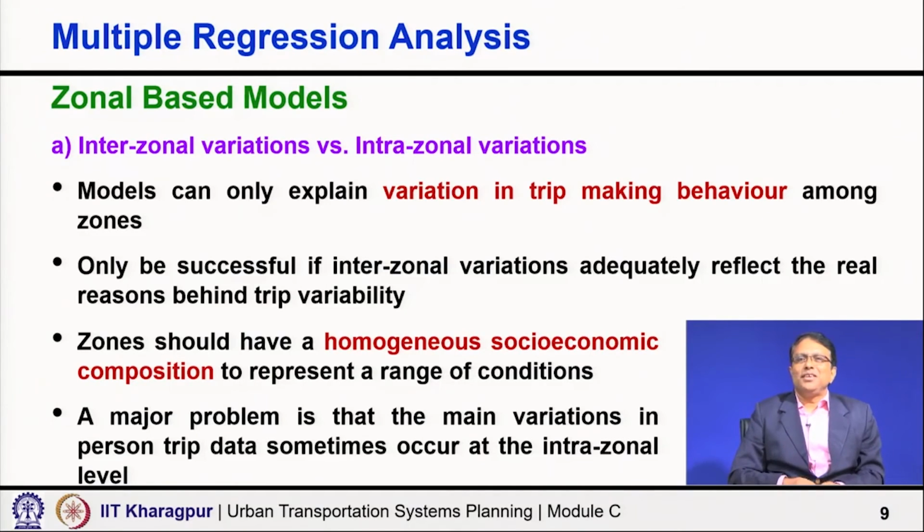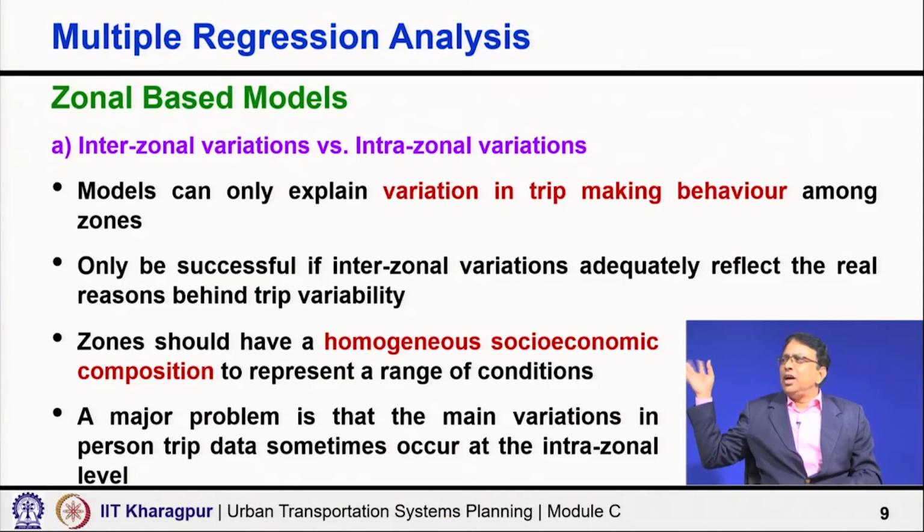In many cases the data could be intrazonal. How can I explain this? Let us take two hypothetical examples. In one case, let us say you have 10 different zones. In one zone, all households have a family income of 20,000 or, say, 30,000. In another zone, every household income is 50,000.